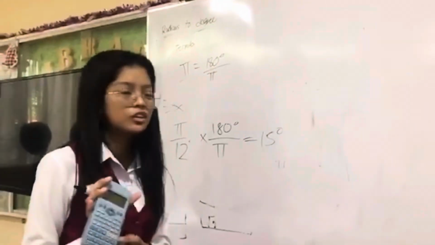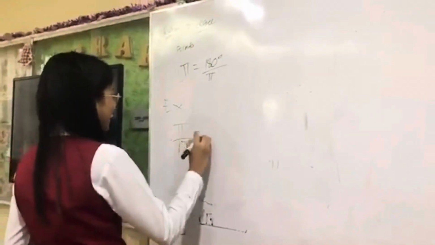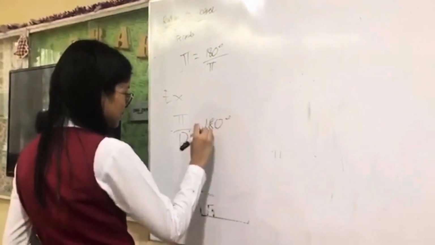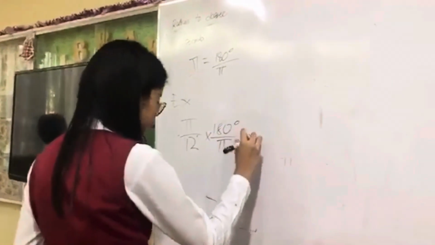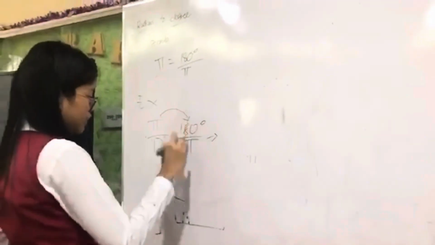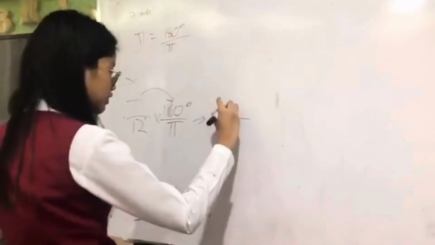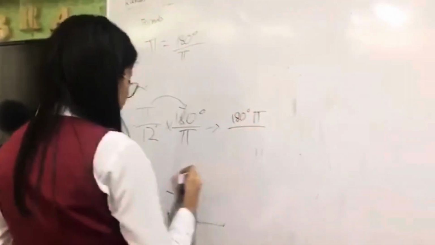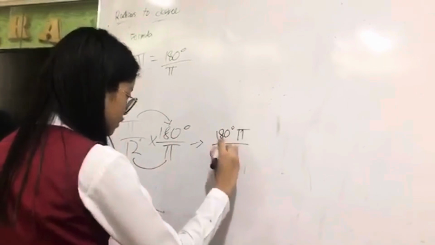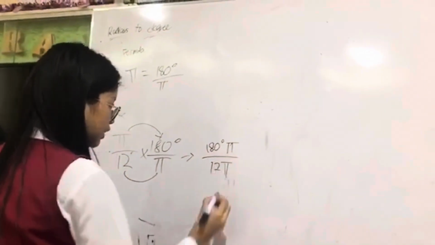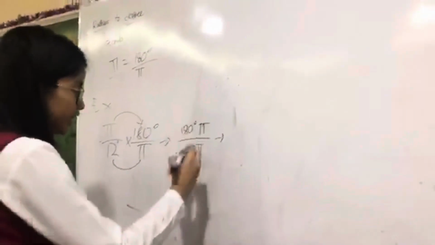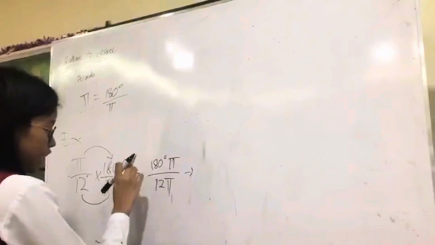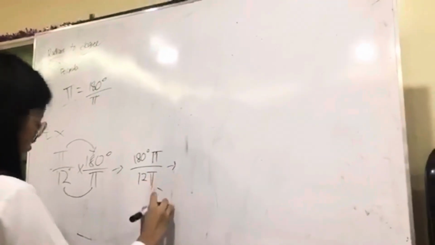But there's also a way to solve this without any calculator. We'll be combining this here, then also this. And now you have to find the LCD of these two.